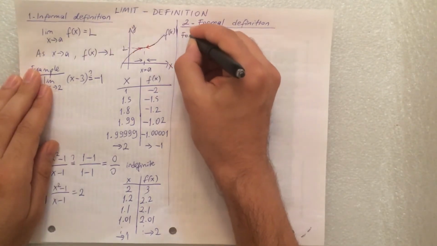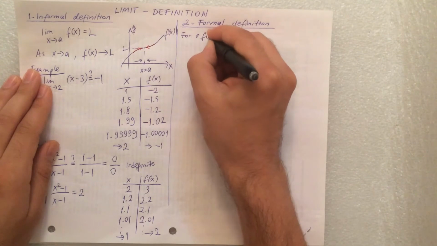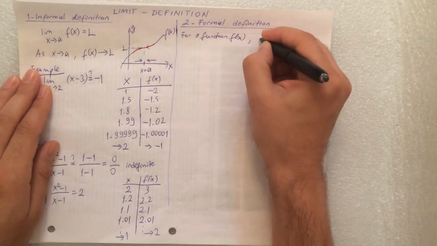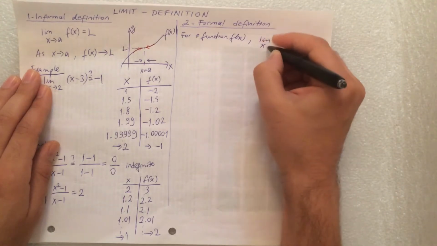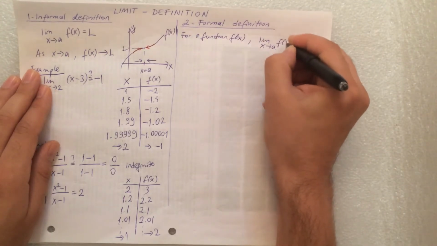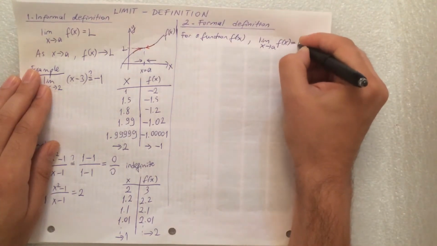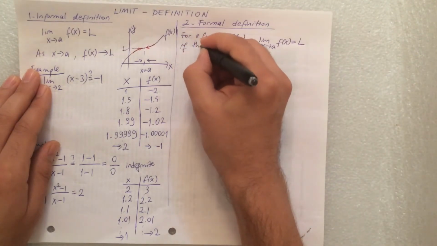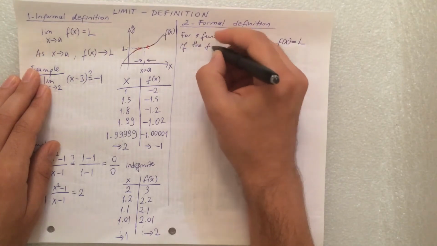For a function f(x), limit x goes to a f(x) is equal to L if the following are satisfied.